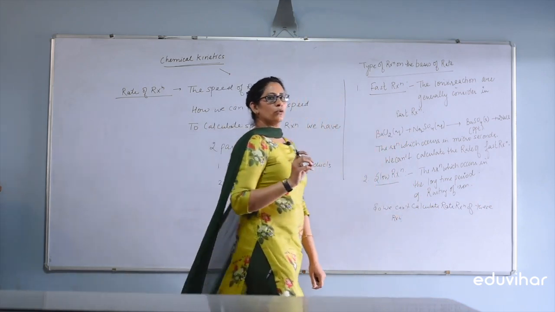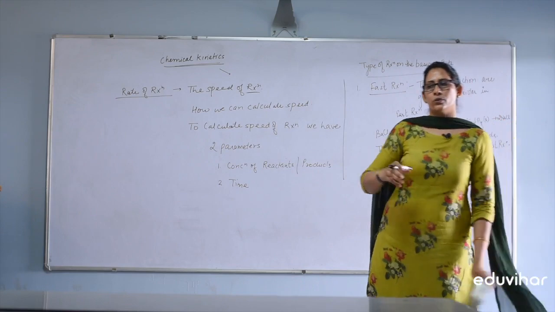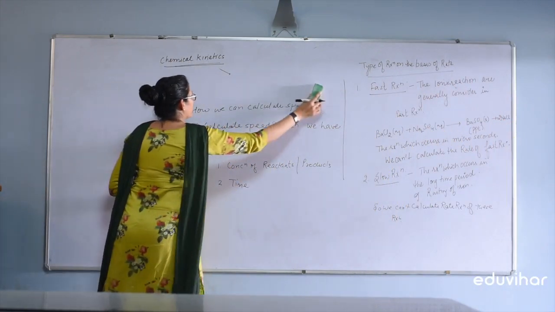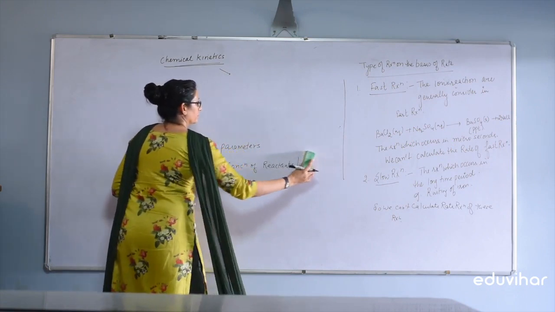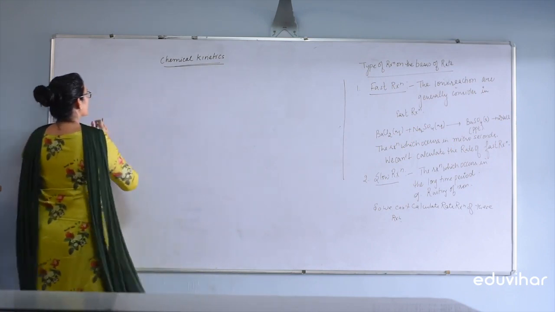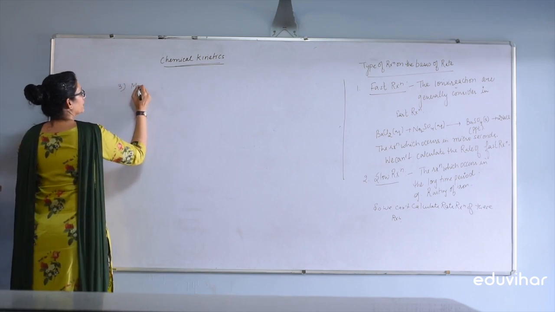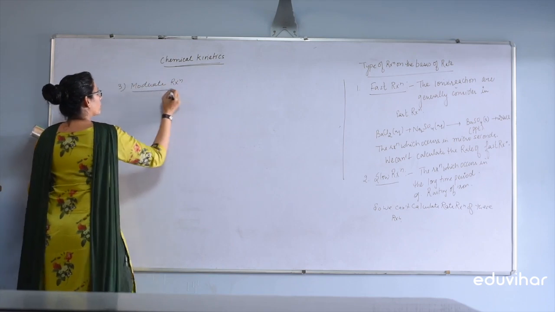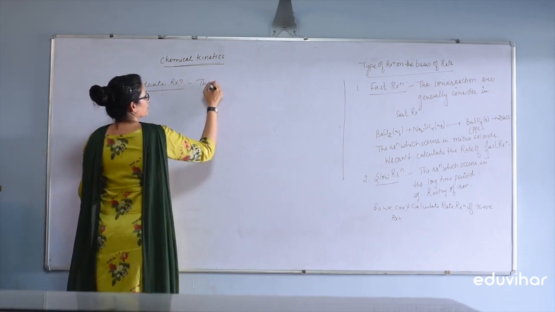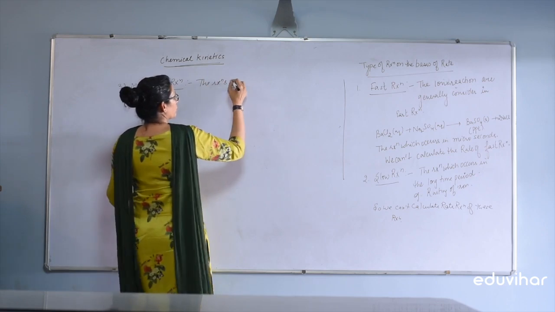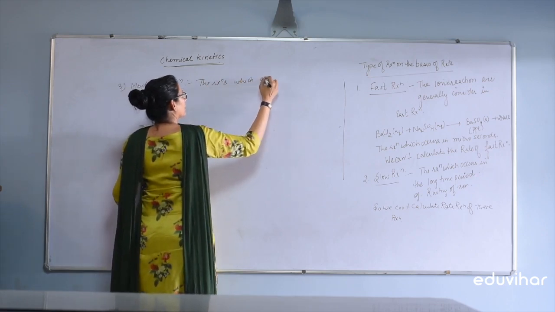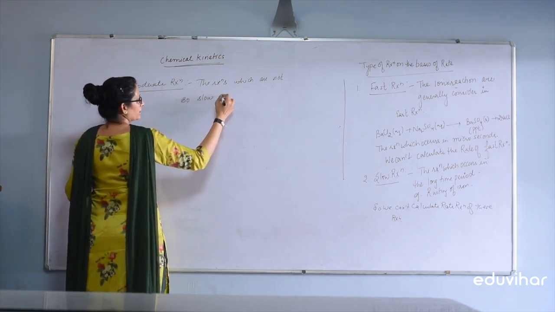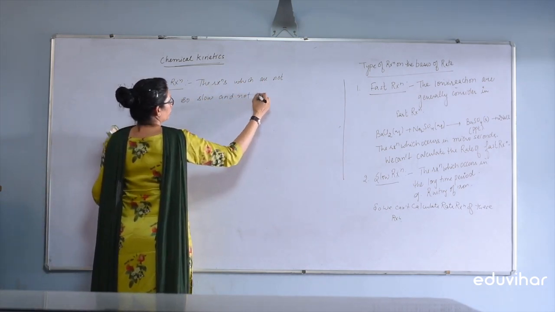So, we cannot calculate the rate of reaction of these reactions. The third one is the moderate reaction. Moderate reaction means the reactions which are not so slow and not so fast.